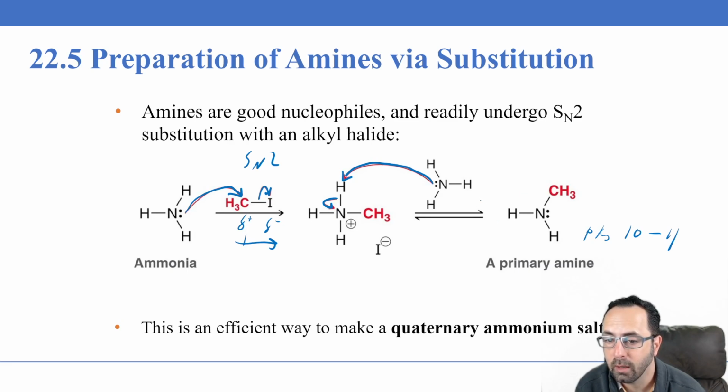Because you have the protonated ammonium ion too. This is going to give you NH4 plus, so there is a significant equilibrium here. This first step is reversible. And so then you will get the primary amine. So this is an efficient way to make a quaternary ammonium salt as well. You wouldn't use the last step here, the deprotonation, but yes.